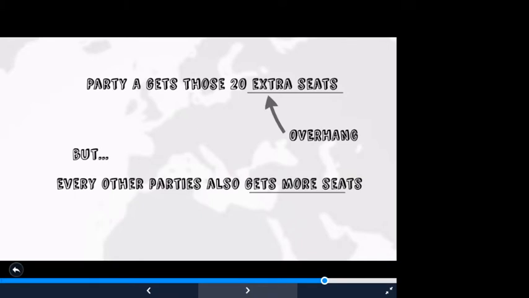But in essence of it not getting more than its share, every other party gets extra seats in line with their proportional distribution. The seats which party A got are known as the overhang seats, and the seats that the other parties got are known as leveling seats.